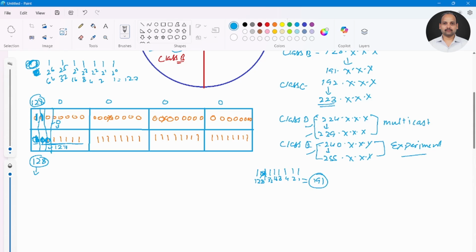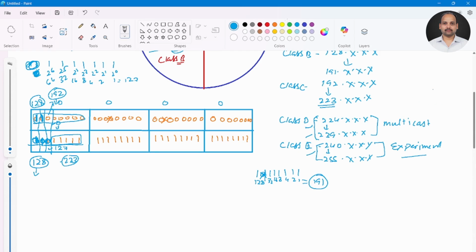So your range will start from 192, because if you turn on the first 2 bits, your decimal value will be 192. That's why your value is going to start from 192. And if you change the rest, the value is going to be 223. That's why class C is 192 to 223.